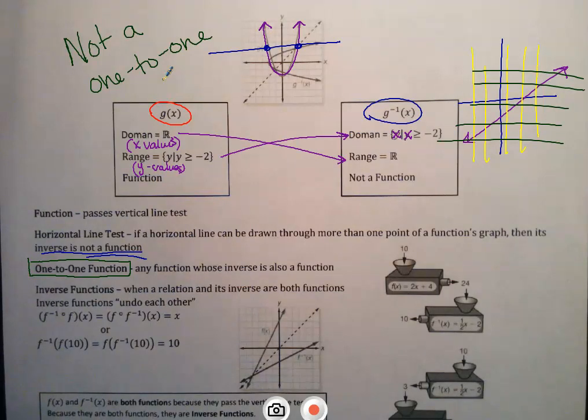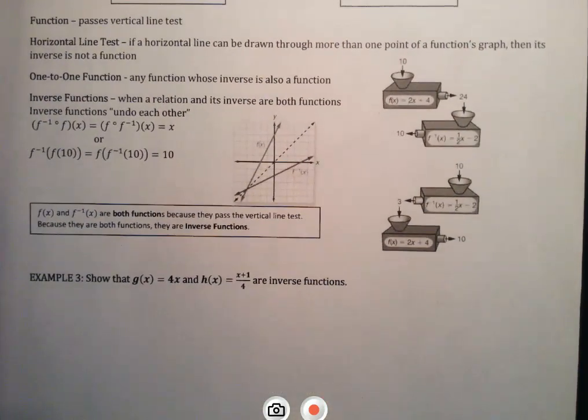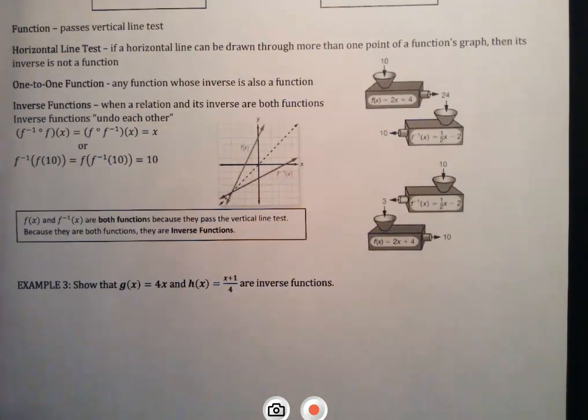Okay, so that was fantastic. I'm going to move up my notes so we can talk about inverse functions. Inverse functions are when a relation and its inverse are both functions. Inverse functions undo each other.